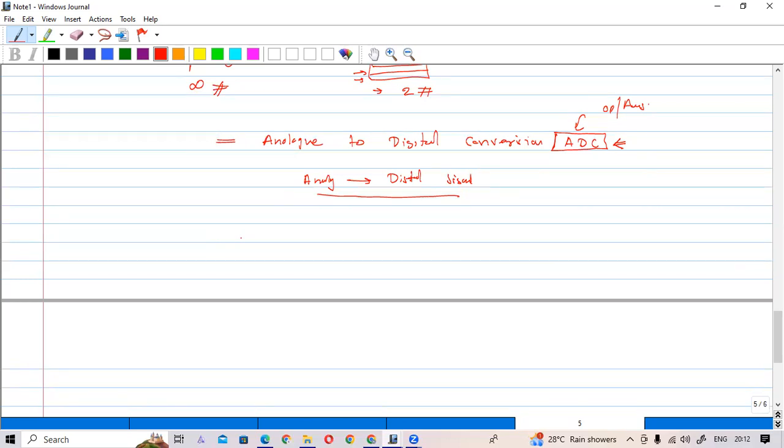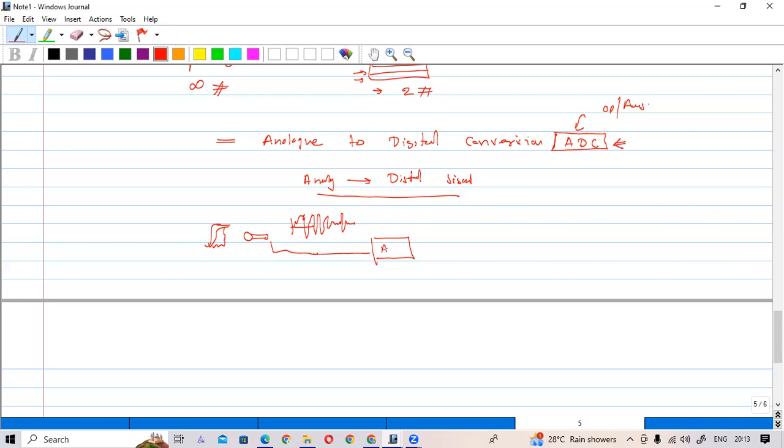For example, again I will come to that example. Let's say that some person is talking to a microphone. It generates an analog signal like this, a sound signal. Now if you want to digitally process this, first you have to convert this signal into a digital signal.